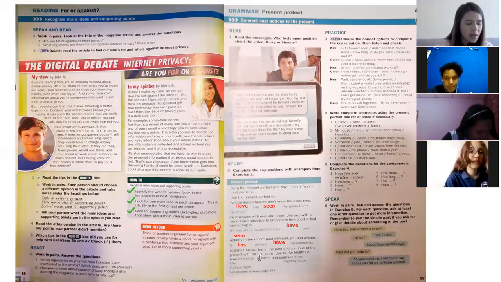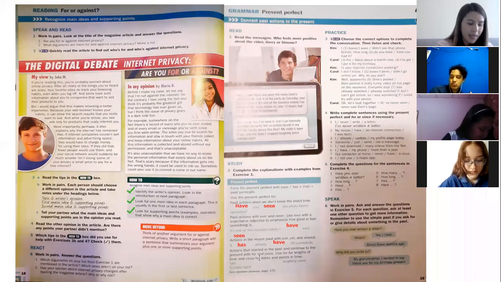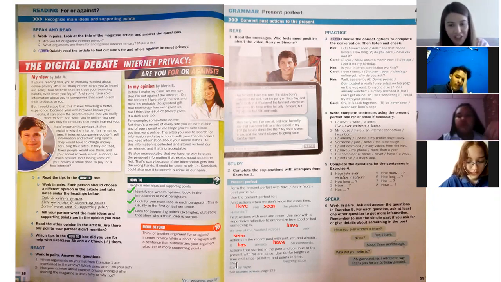Actions that start in the past and continue to the present with for and since. Use for length of time and since for dates and points in time. She has.